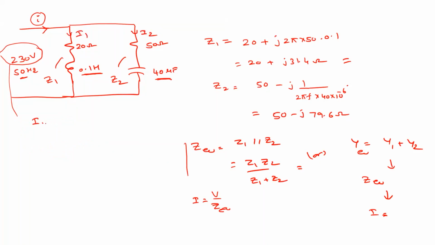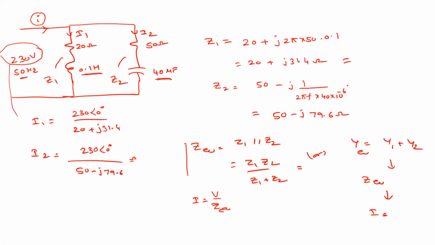So what is I1 here? I1 is 230 at an angle 0 by 20 plus j 31.4. And I2 is 230 at an angle 0 by 50 minus j 79.6.